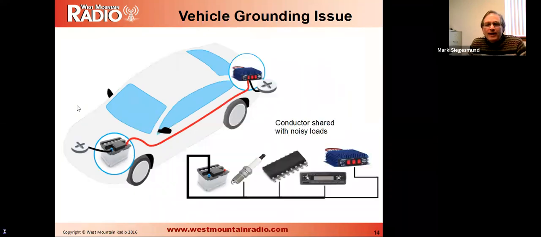The problem with that is when you use the vehicle chassis as one of the conductors, you're sharing that conductor with all sorts of other noise sources. The computer in the car, the ignition, the car radio, and the draw from those devices is going to be superimposed on the conductor going to the radio, and that noise is going to appear at the amplifier.